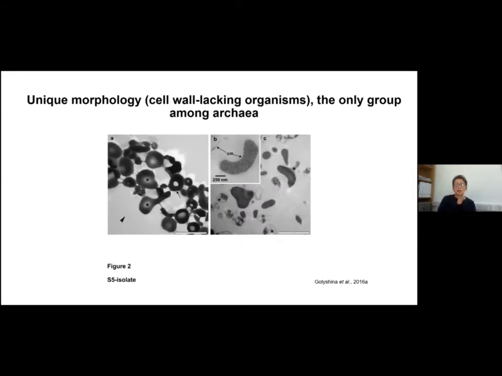And the second feature which makes this group very unusual, very unique, is their pleomorphic morphology, which is a consequence of the lack of a cell wall. And please note that this is the only archaeal group which shows the lack of cell walls.